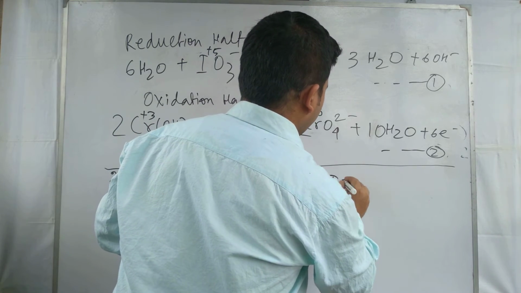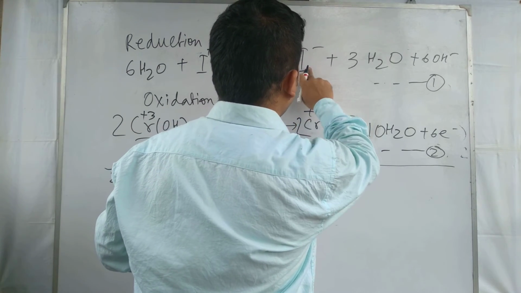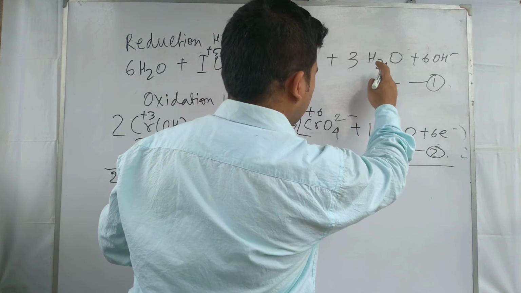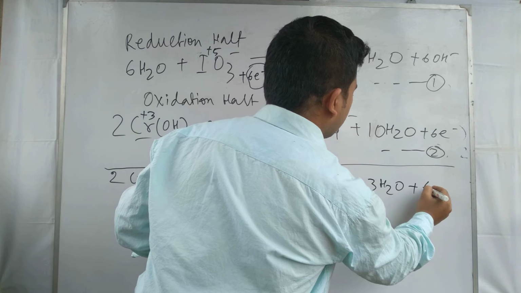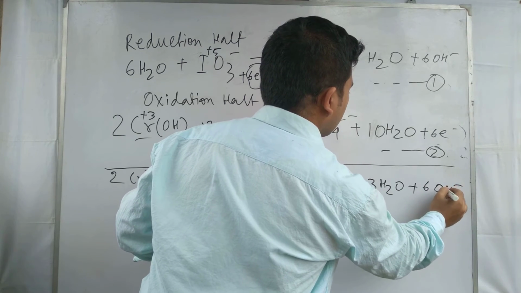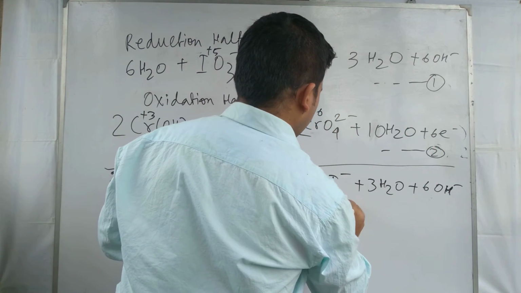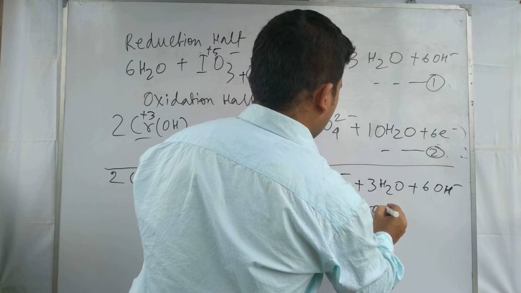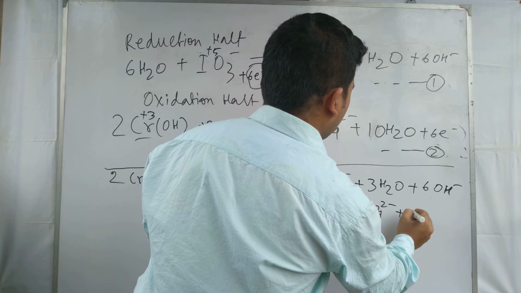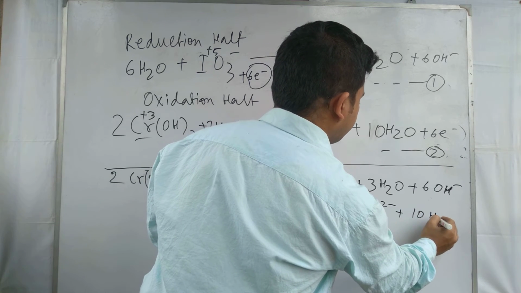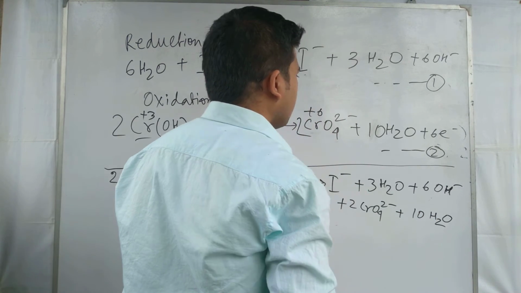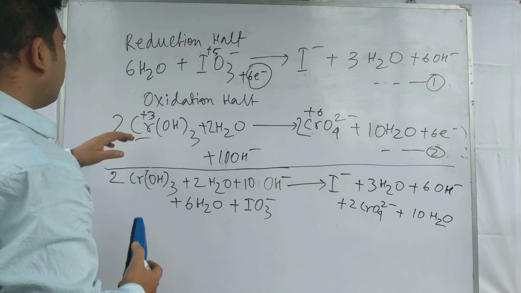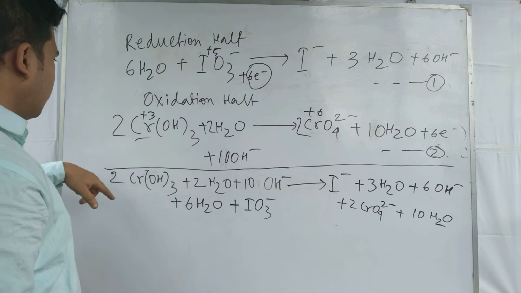So on the right hand side we are seeing the species iodide ion and 3 H2O molecules plus 6 OH minus, and then 2 CrO4 2 minus, then 10 H2O.